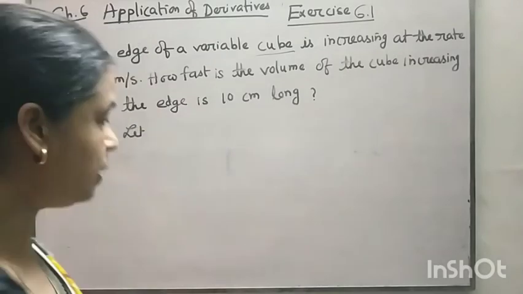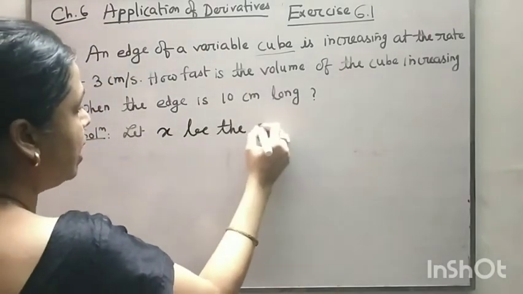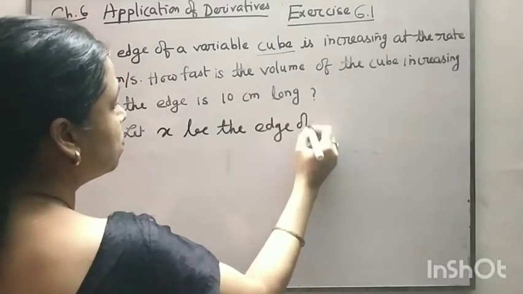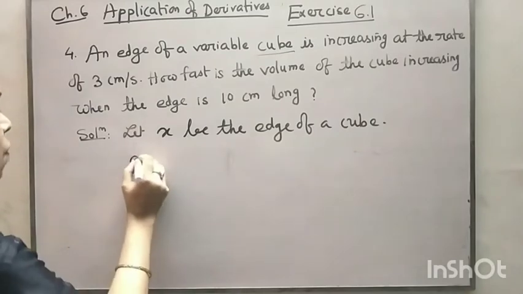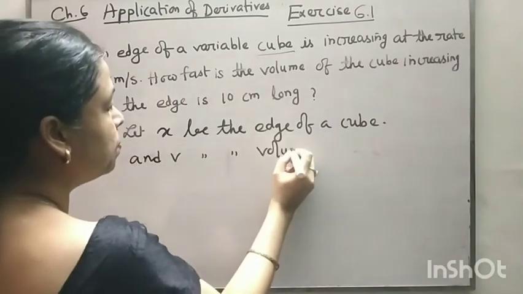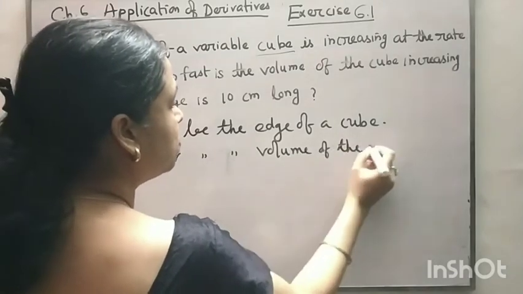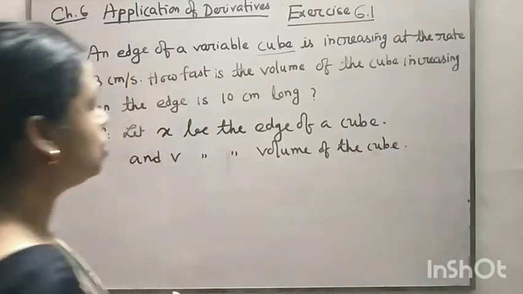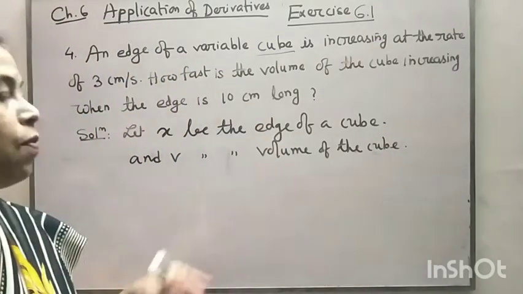Let x be the edge of a cube, and v be the volume of the cube, right? So we have considered x as the edge of the cube and v as the volume.